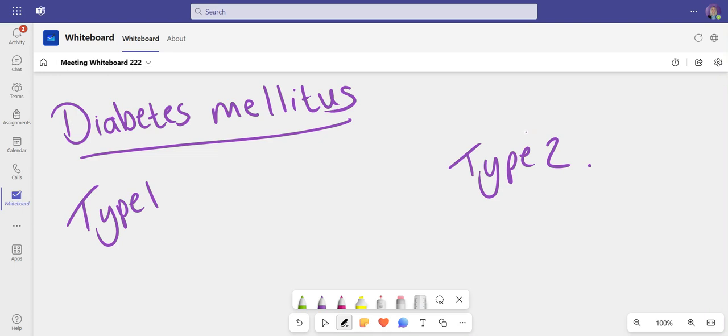Okay. Now, if you thought you might have diabetes, you would have a certain set of symptoms that you were looking out for. So the first symptom is weight loss. Because you haven't got enough insulin, the cells basically don't get enough glucose ultimately, so you lose weight.